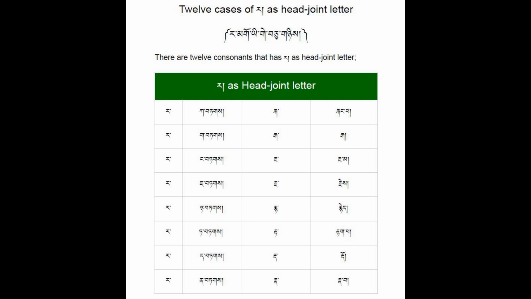Then ka, rakata ka. Ka is the saddle that we have on the horse. Then we have rangata nga, ngama, which means the tail. Rachata ja, which means after.